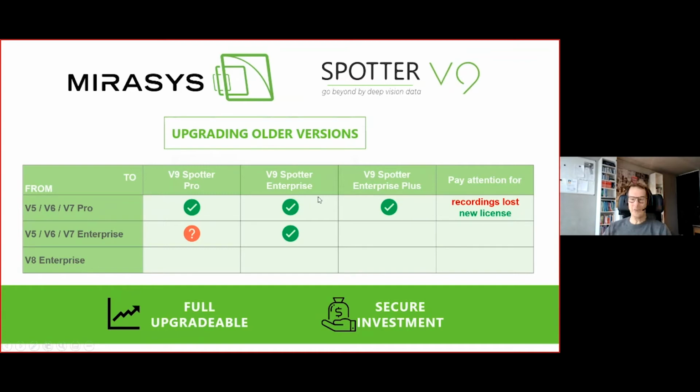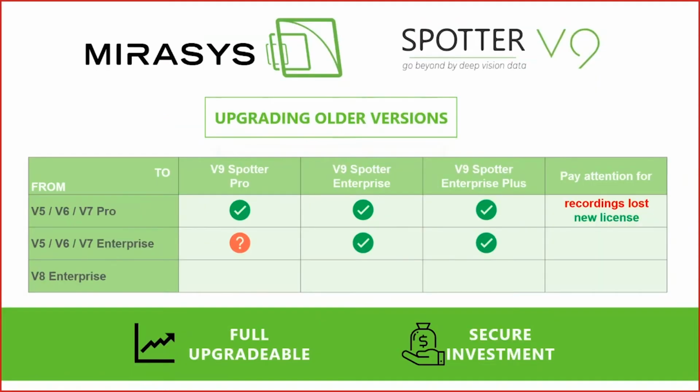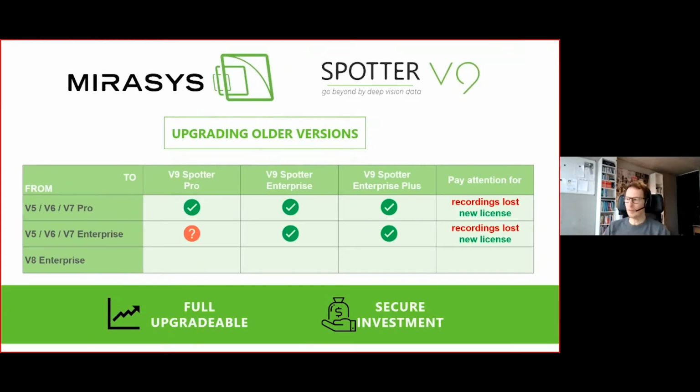V9 Spotter Enterprise can be upgraded, V9 Spotter Enterprise Plus can be upgraded. And also here again, pay attention because the recordings are lost and you are getting a new license. If you are talking about V8 Enterprise, again, Spotter 9 Pro does not make any sense. You can also upgrade to V9 Spotter Enterprise, to Enterprise Plus, and you are getting a new license.